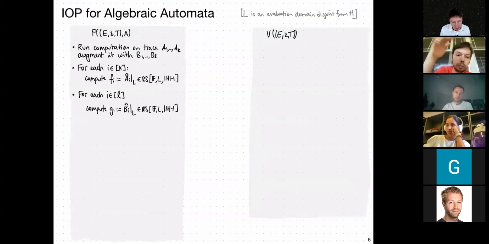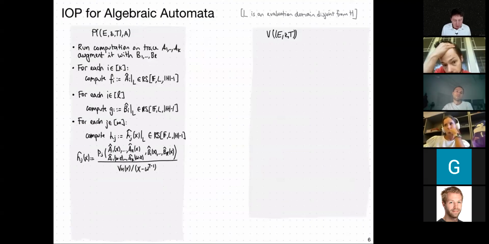Then it does the same for the auxiliary registers B: it extends them and evaluates them over L. Then we compute this quotient polynomial. These types of constraints, called rational constraints, are extremely common in arithmetizing machine computations. What are we saying here?